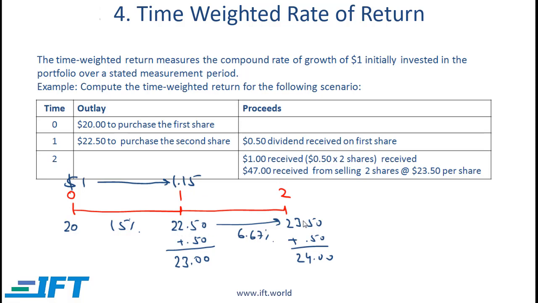Then for the second period, we again need to determine the return. A stock that was purchased at the beginning of the second period for $22.50 became worth $23.50 at the end of the second period, and there was a dividend of 50 cents, which means that the investment of 22.50 at the beginning of the period essentially gave us 24 at the end of the period.